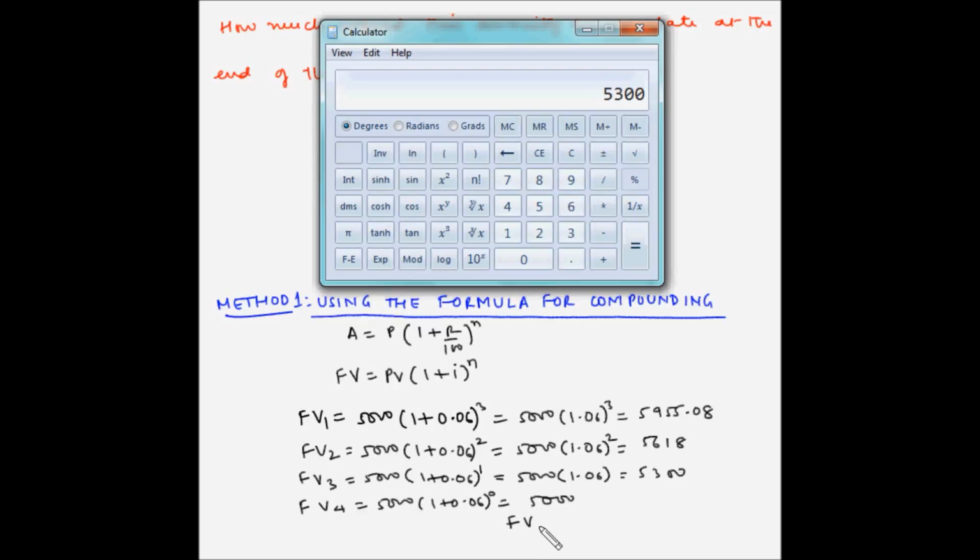So total future value is equal to 5300 plus 5,000 plus 5618 plus 5955.08, and this is equal to 21,873.08 rupees.